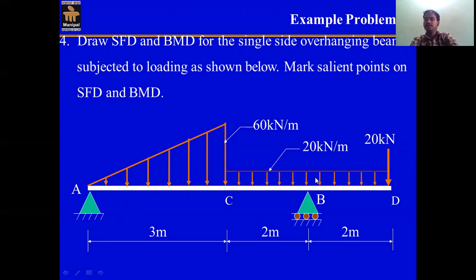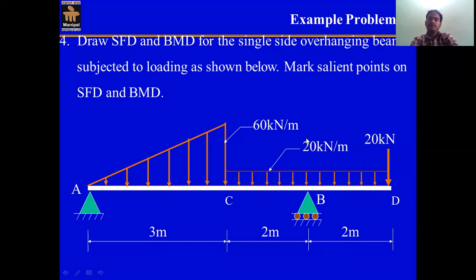On the other hand, we have a uniformly distributed load, UDL, and we know that the concentration of the force will be at the center. That is 20 kilonewton per meter multiplied with this 4 meters.